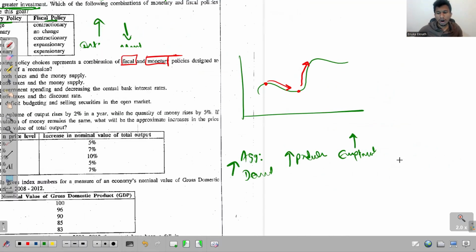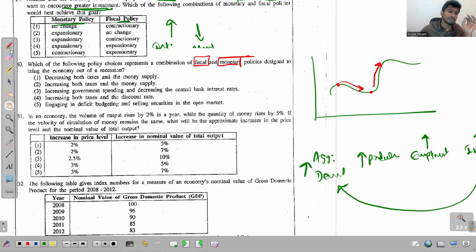When employment increases, income increases, and this increased income they can once again use for consumption. So aggregate demand will increase again, and this goes as a cycle. The starting point of this cycle is here. The government needs to increase the aggregate demand using their fiscal and monetary policy.